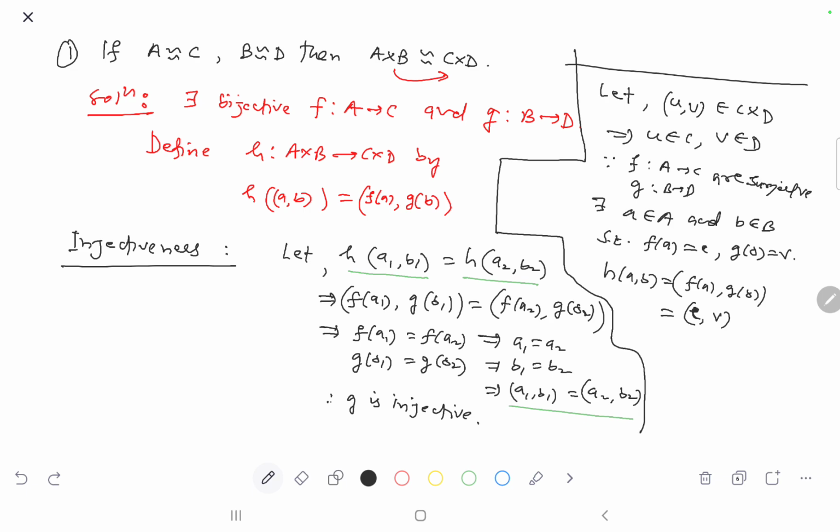So surjectiveness is proved, and h is bijective. This implies A cross B is equivalent with C cross D. Did you understand? Okay.